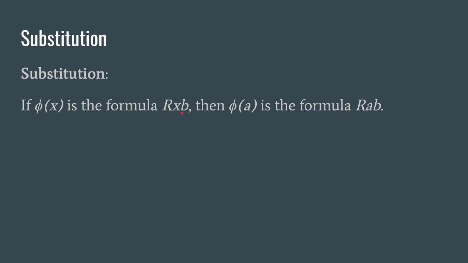Since the propositions can be as complex as you want, you can string together a number of different propositions using the logical connectives. We use this phi x notation to stand in for any arbitrarily complex formula.